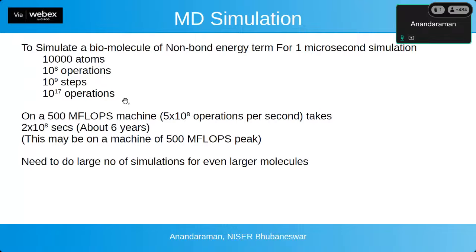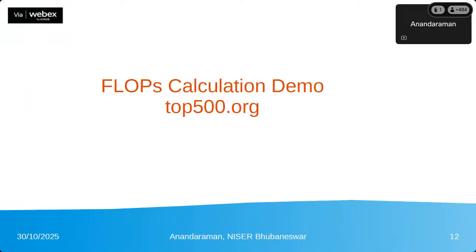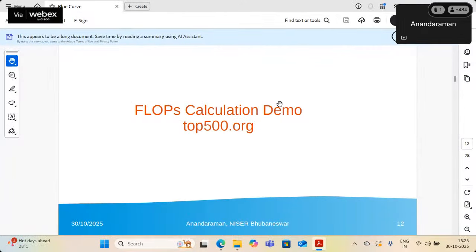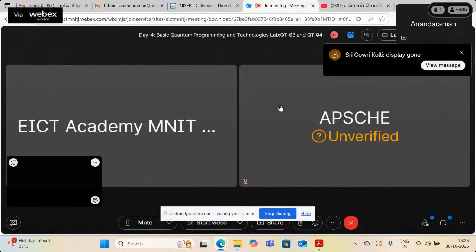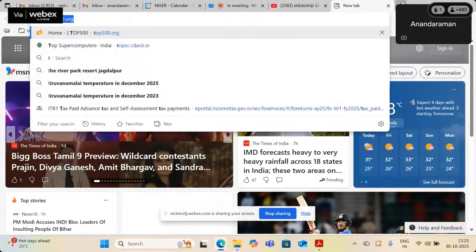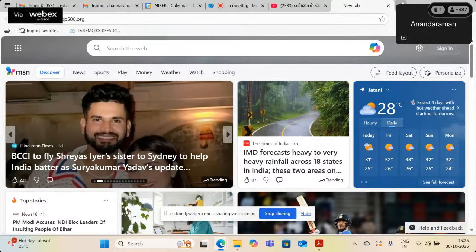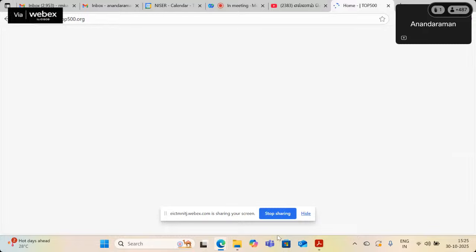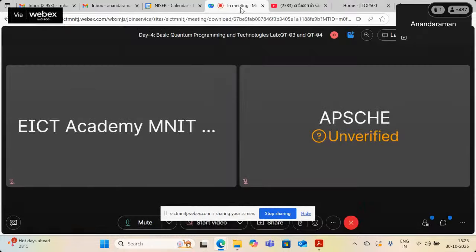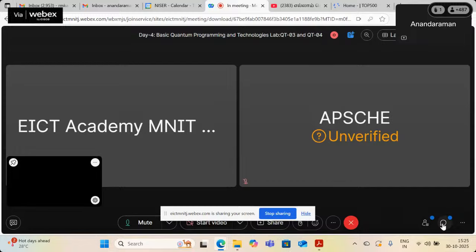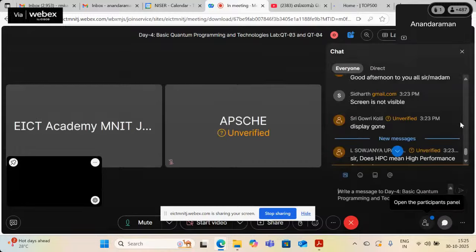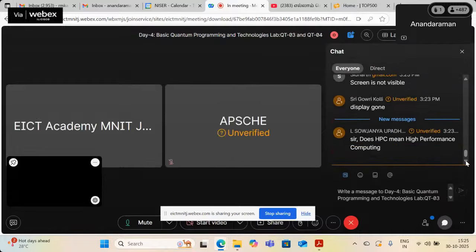A normal computer cannot do this, so we need HPC. HPC means high performance computing.